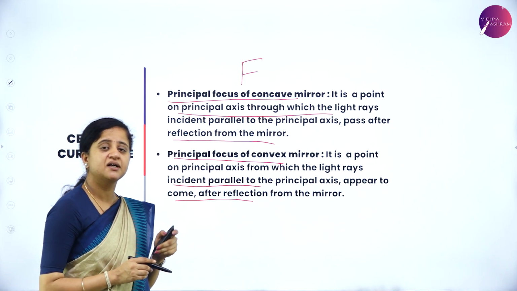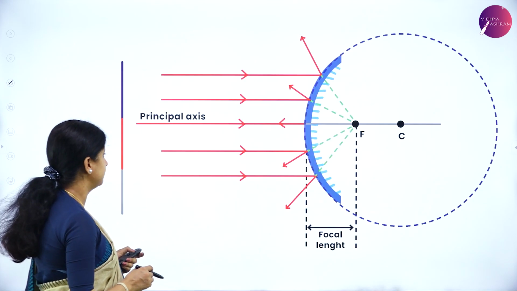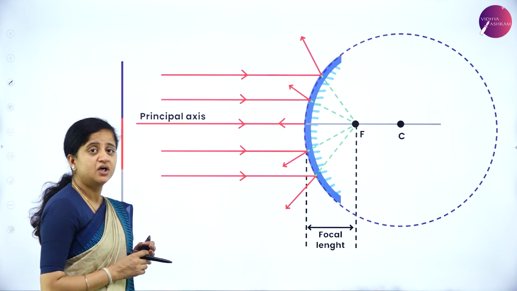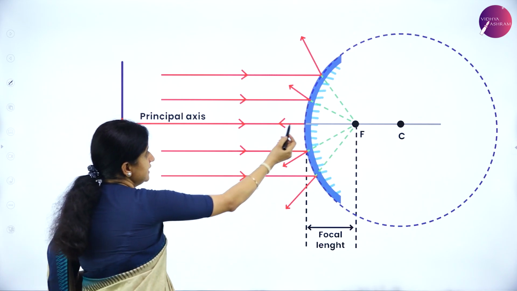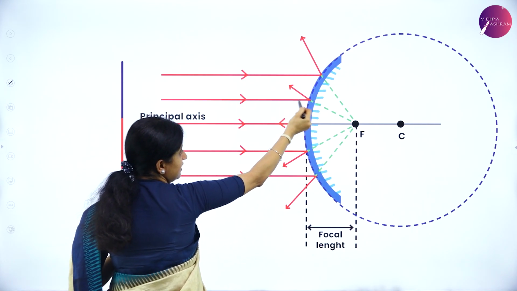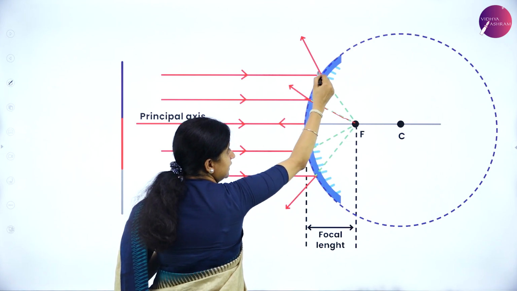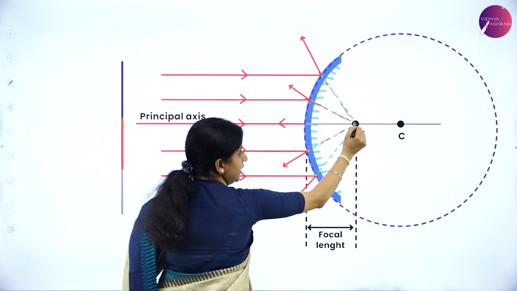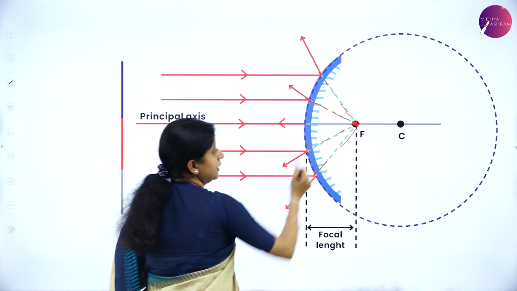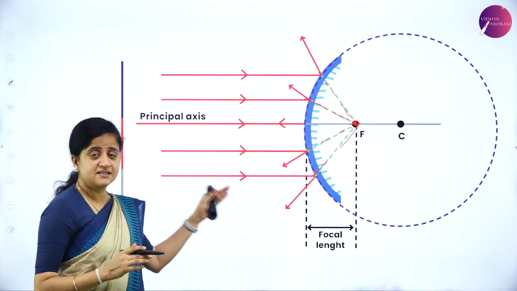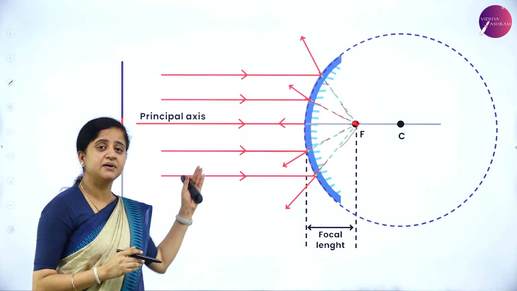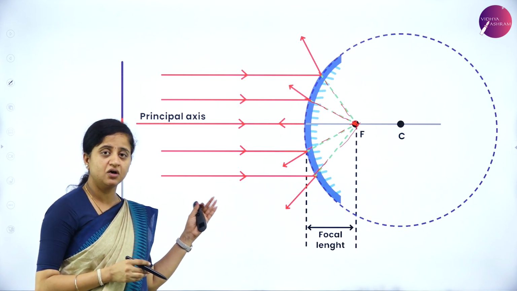This difference we can understand while drawing the ray diagrams. Here we have a picture of a convex mirror, where we can see the incident radiations. After reflection they come back, but if they are projected back, they appear to meet at this point. We'll call it the principal focus. This is exclusively for the convex mirror. The previous condition we studied is for the concave mirror.